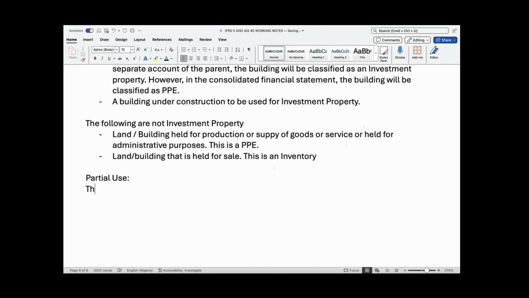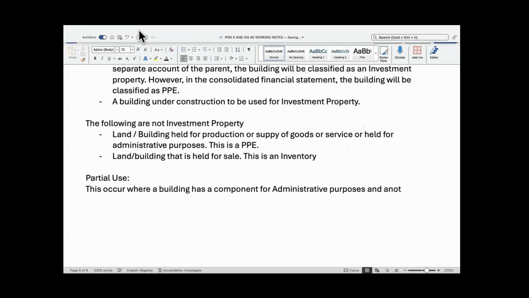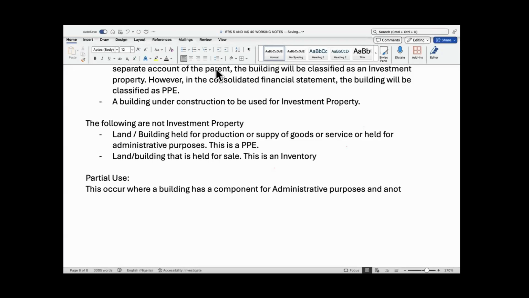So this occurs where a building has a component for administrative purposes, and another component for rentals.